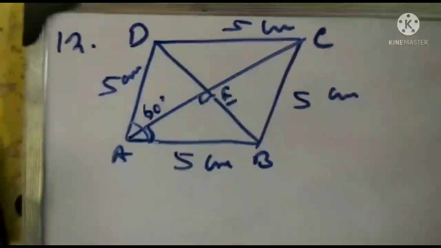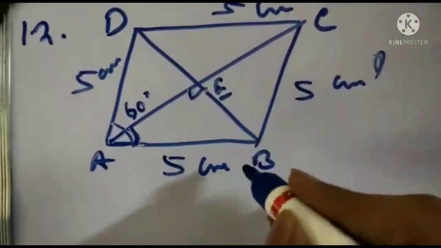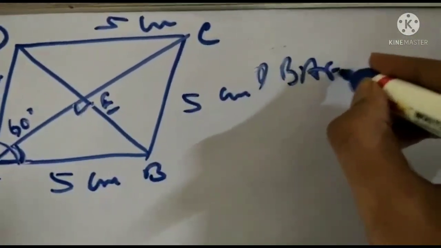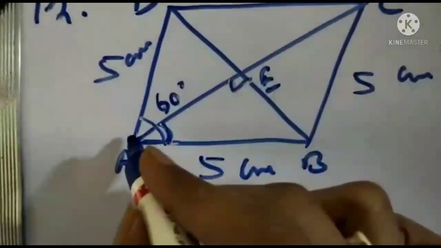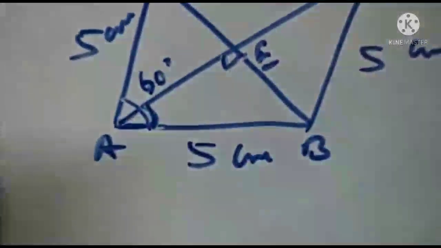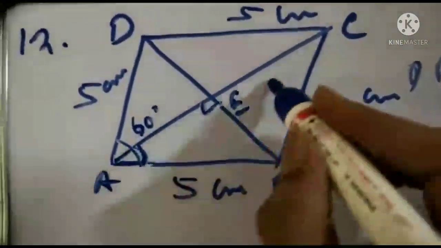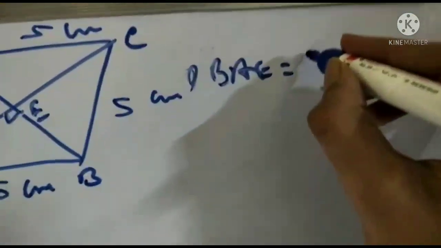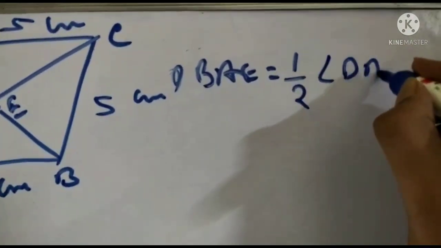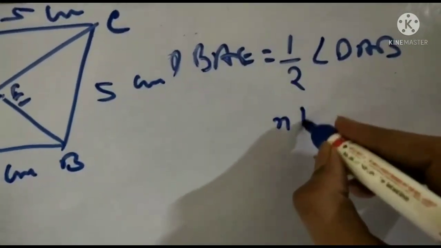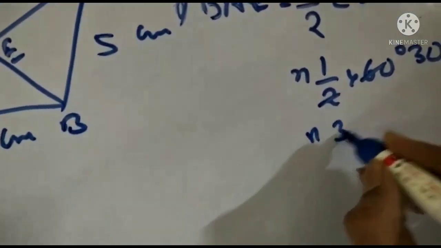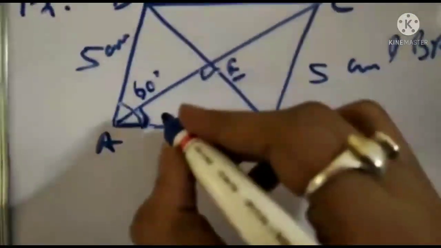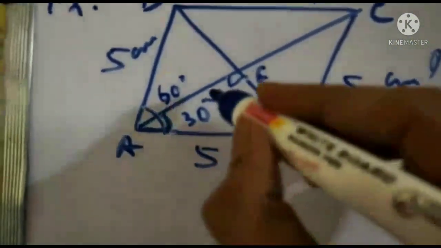To find this, see here, BAE is half of angle DAB, because this line AC divides it into two parts. So BAE is equal to half of angle DAB, that means half into 60 degree, which gives 30 degree. So this small part we got 30 degree.